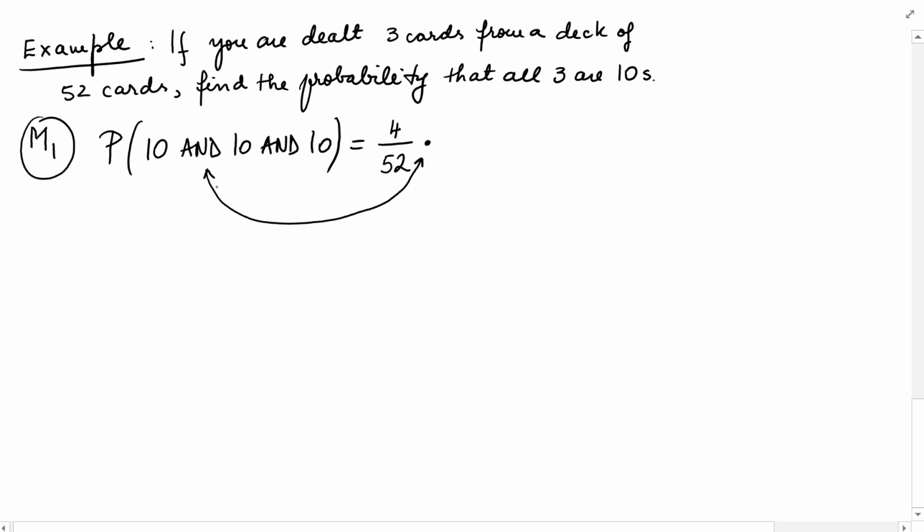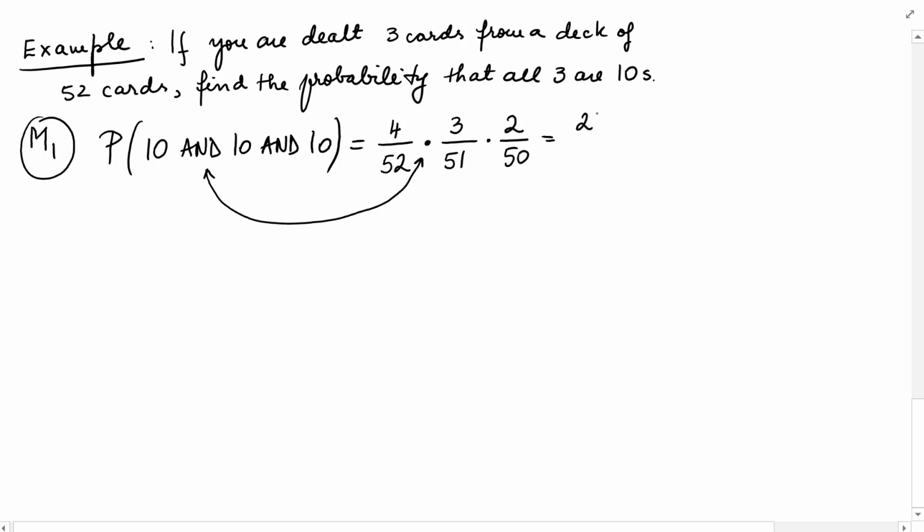The probability that the second one is a 10, given the first one was a 10, it's 3, because we have left just 3 10s now, and 51 cards in total, because we already removed 1 card from the packet. Times, now the probability that the third one is a 10, given the first 2 were 10, it's 2, because there are just 2 cards of 10 left, over 50.